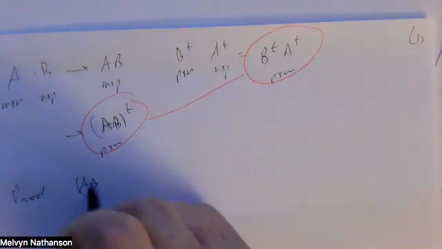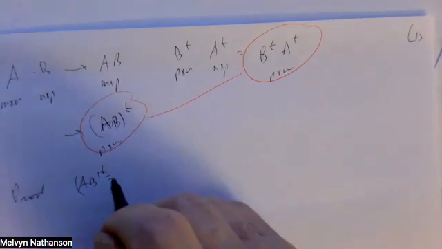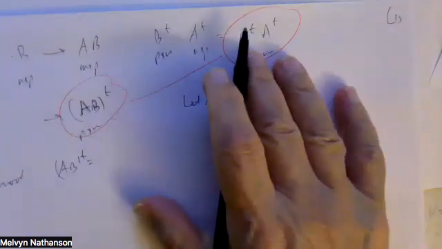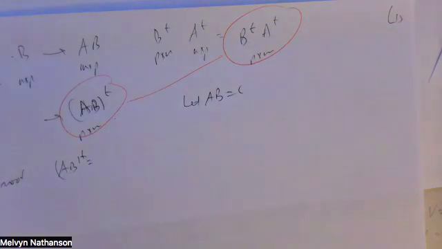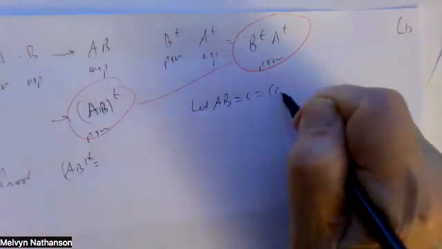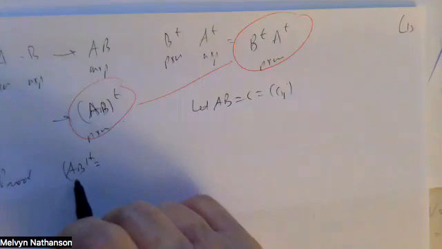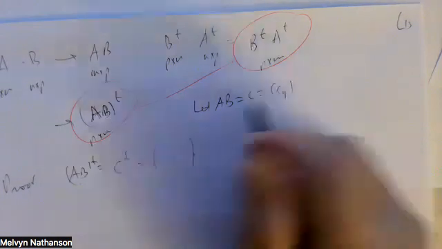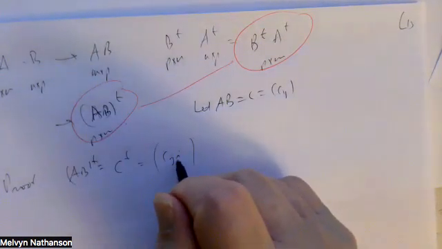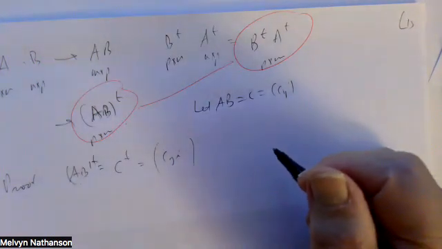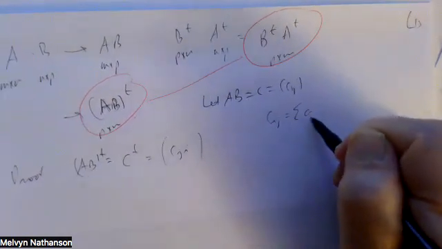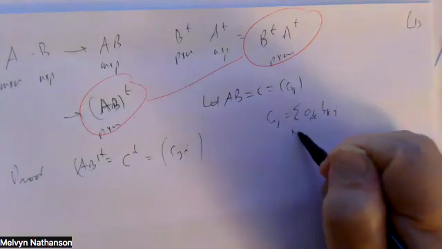So suppose we let AB equal C, which is going to have coordinates c_ij. So AB transpose is C transpose. The coordinates are what you get when you reverse c_ij to c_ji. So in the jth row, ith column, this is the coordinate. What is c_ij? c_ij is the summation of a_ik b_kj, where k goes from 1 up to n.